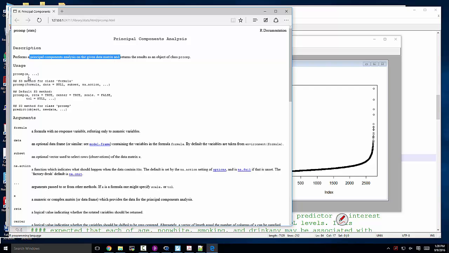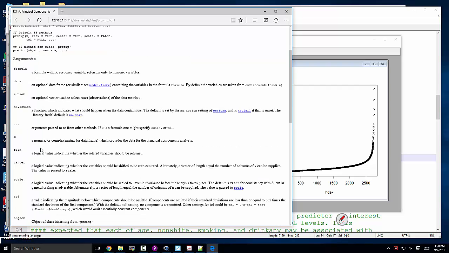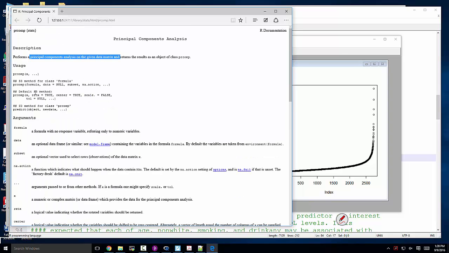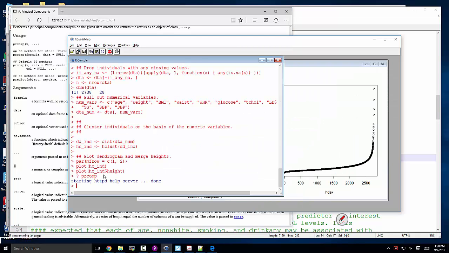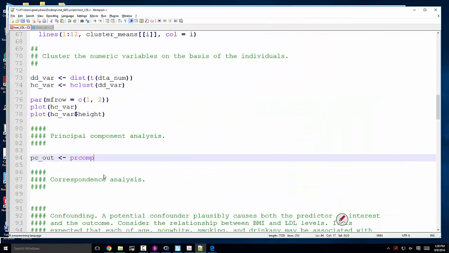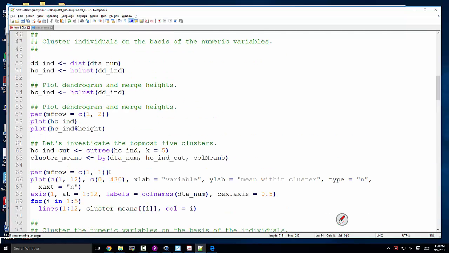So what we're going to provide is just a matrix X. The argument X is just a numeric matrix for us, or data frame, and it's expecting to have individuals in the rows, variables in the columns. So we should be able to just do prcomp of data_num.